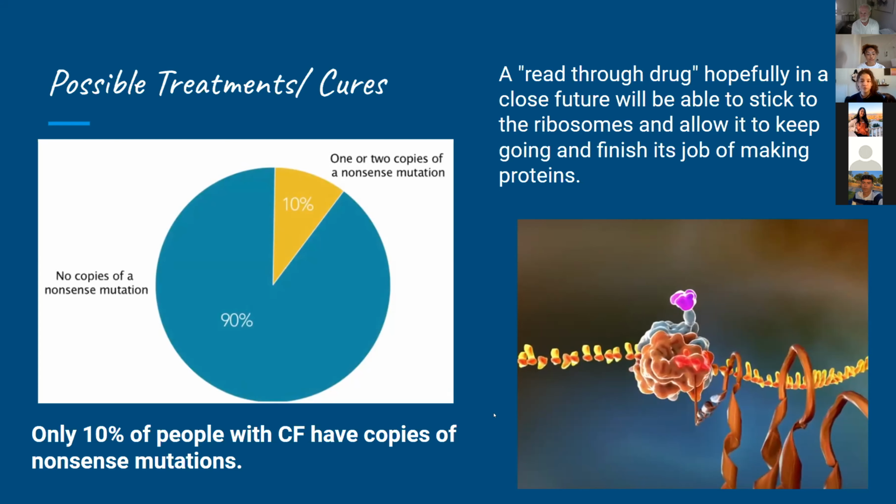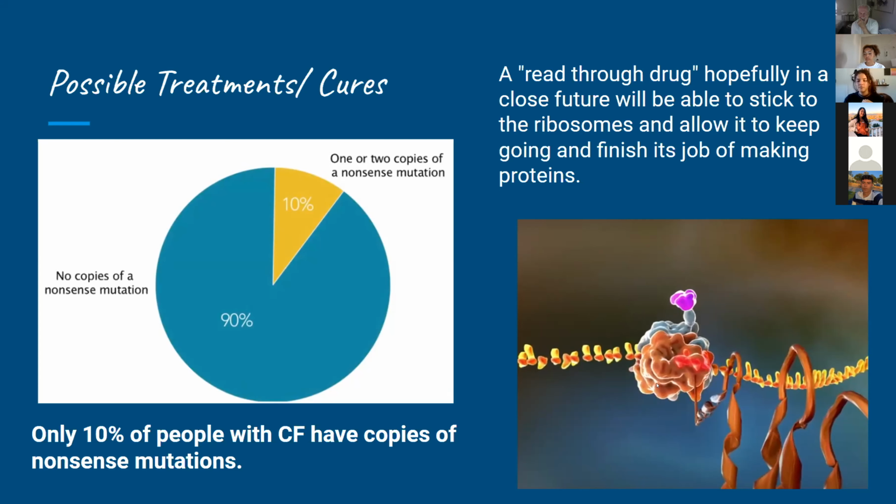And one of the most promising ways that hopefully in the future there will be a cure for this 10% is with a read-through drug, which we have another image to help you visualize. There's a little purple ball on top of the image that we saw earlier. That little purple ball is the read-through drug, which would attach to the ribosome.